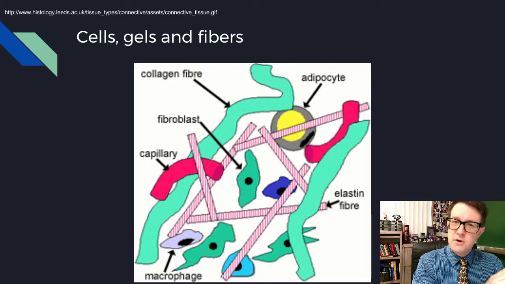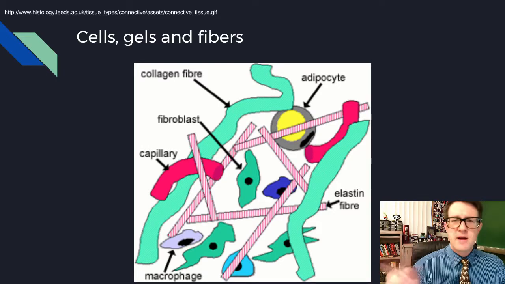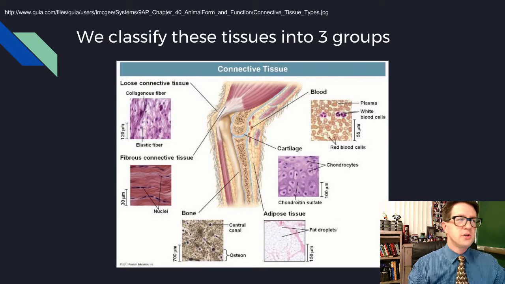And inside of it, you're also going to have proteins. So proteins all over the place, or what I would call the fibers. The proteins, for the most part, are going to be collagen. For the most part, the cell is going to be a fibroblast. And then it's the gel that's going to vary from each one. Sometimes there are other things in there, but we play with that one as we need to.